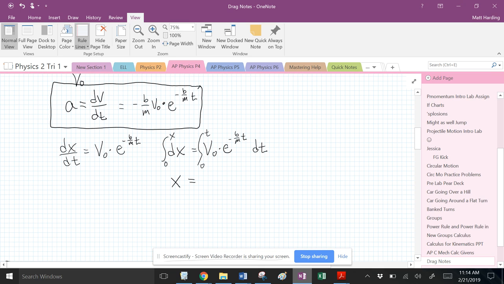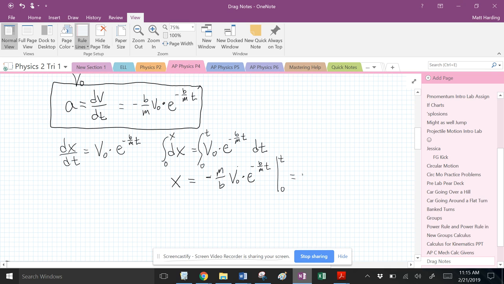We pull down the constant up here and run that into the denominator, so that's why it's flipped. So it's going to be the opposite of m over b times v naught times e to the negative b over m times t. And again, that's going to run from 0 to t.